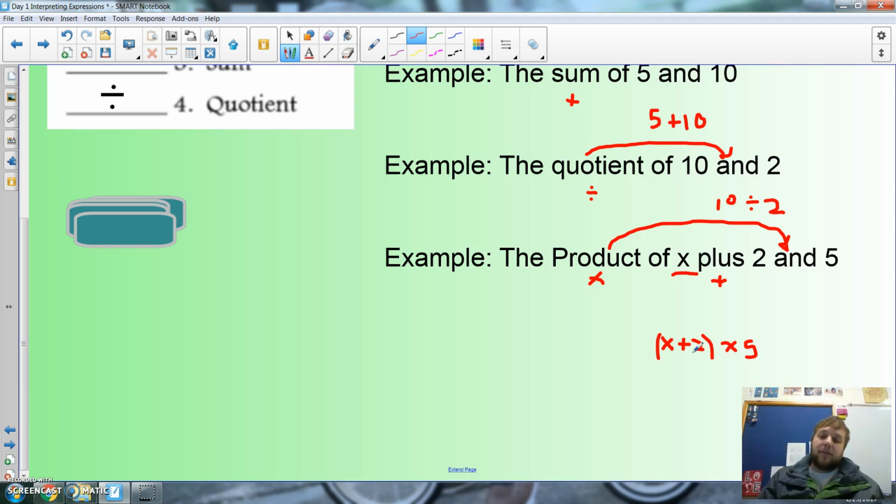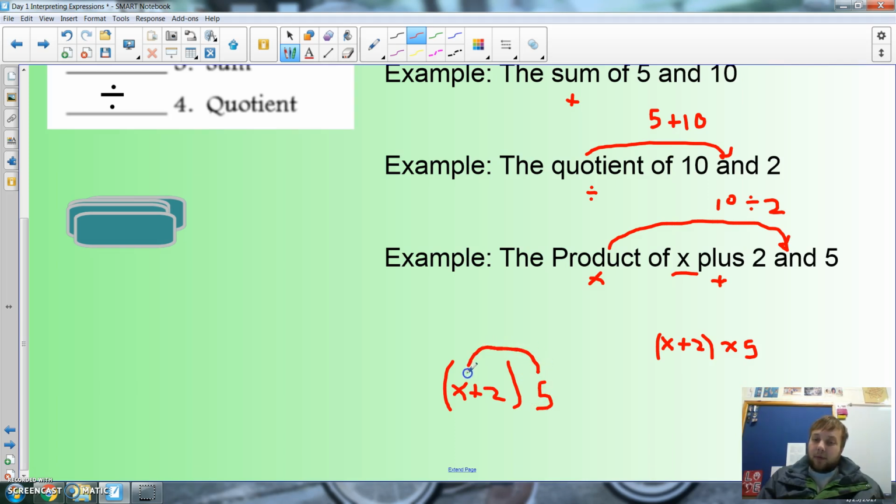So I'm going to multiply the 5 there, and wow, this looks pretty good. Now, hopefully you guys are all seeing that this is the same thing as saying x plus 2 and 5. I don't even need to write the multiplication there.